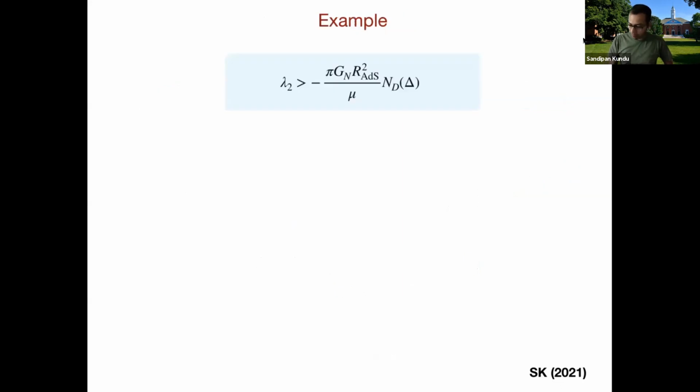So that fixes the sign. To give you an example, without dynamical gravity, we had the relation that lambda2 is positive. When you include gravity, we get a lower bound, where the right-hand side is negative. One way to think about why lambda2 now can be a little bit negative is the following.